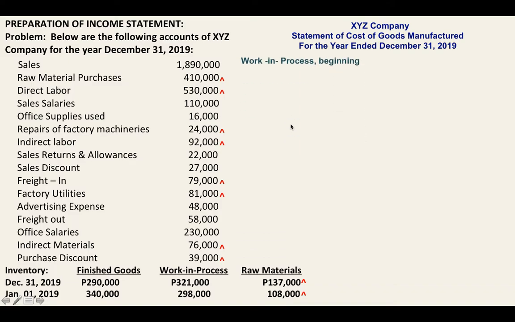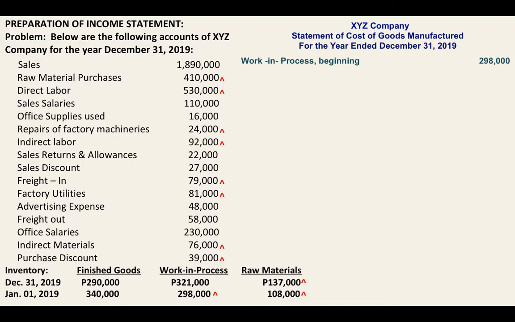And we have learned that cost of goods manufactured starts with the work in process beginning. So we have to look at the work in process beginning, which is 298,000. And then we have to add manufacturing cost. Since we have already computed the manufacturing cost in a separate statement, we don't need to put the information again under this cost of goods manufactured.